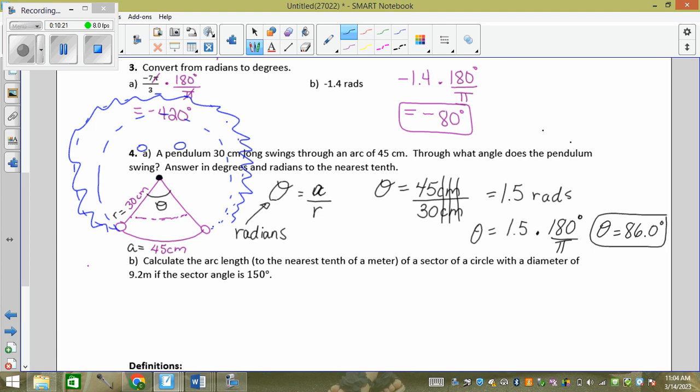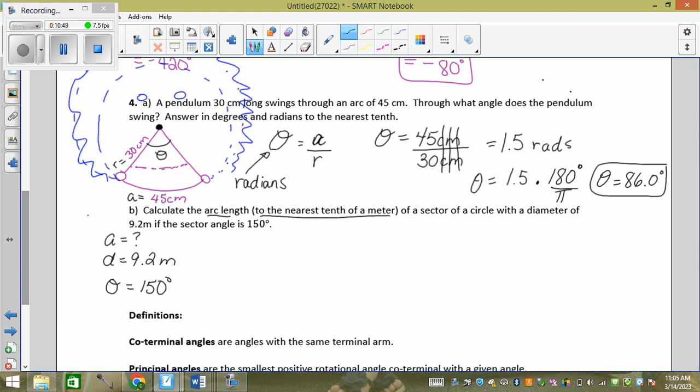So the next one, the way they could ask it is calculate the arc length. So they want us to find A to the nearest tenth of a meter. So we know, to 1 decimal place, a sector of a circle with a diameter of 9.2 meters and an angle, so theta, of 150 degrees.